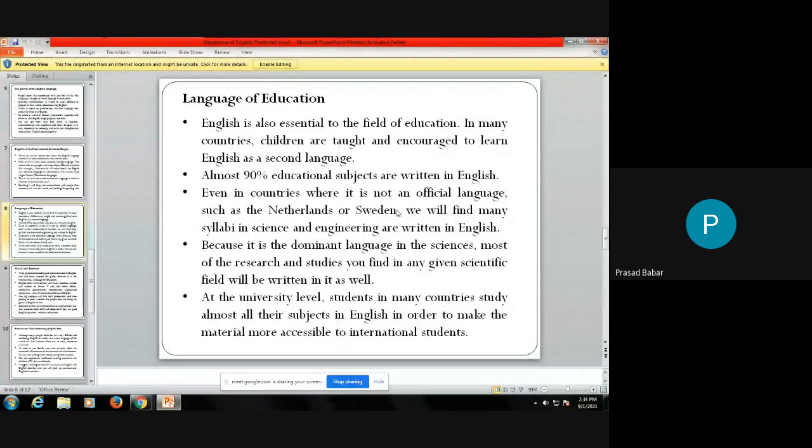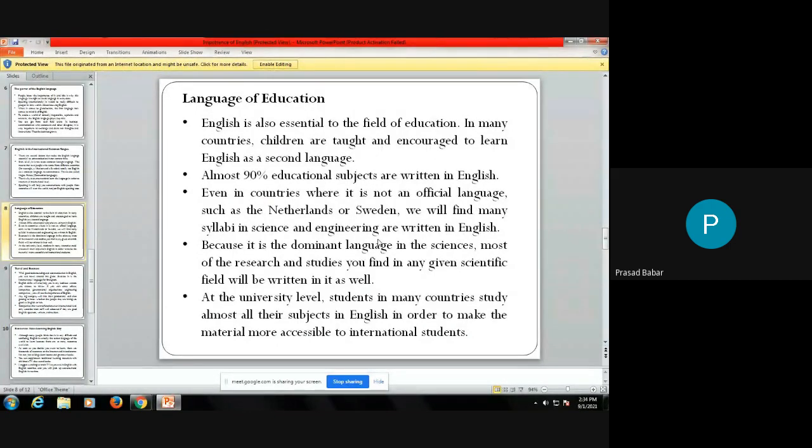Though that is the fact, they are also using English for their syllabus. We can find many of the course syllabi in science and engineering of these countries written in English. That is why it is the language of education, because it is the dominant language in science.